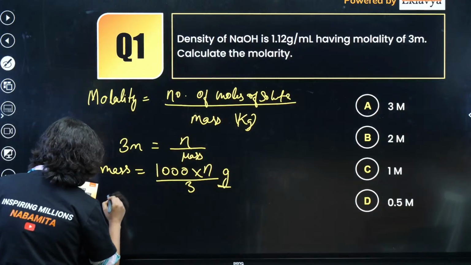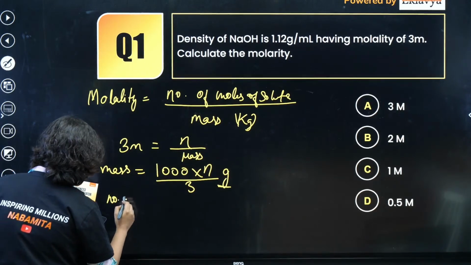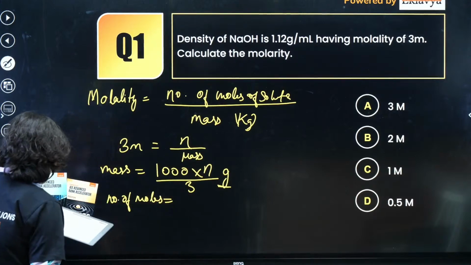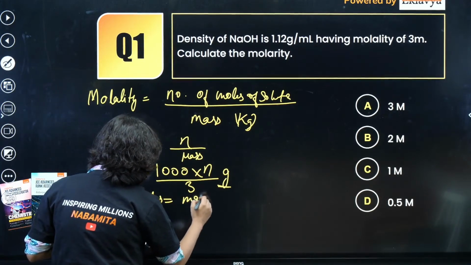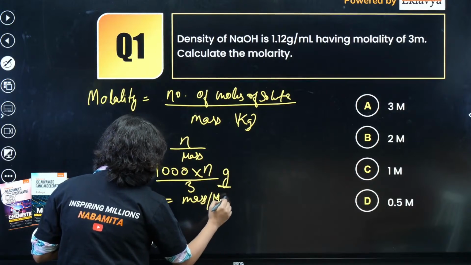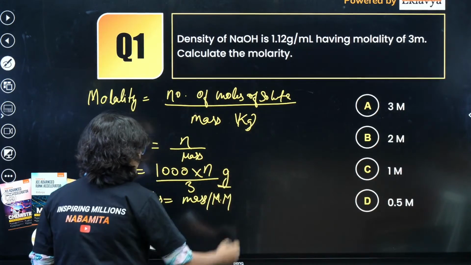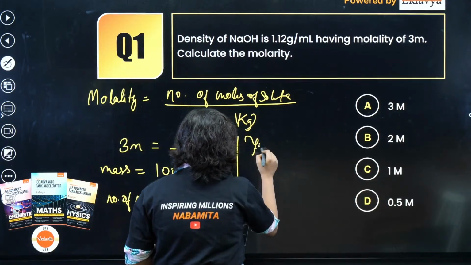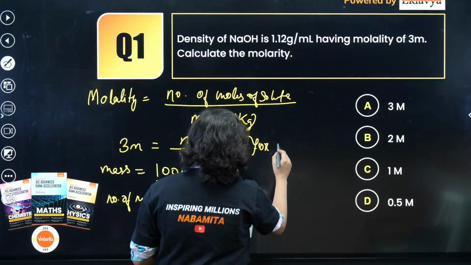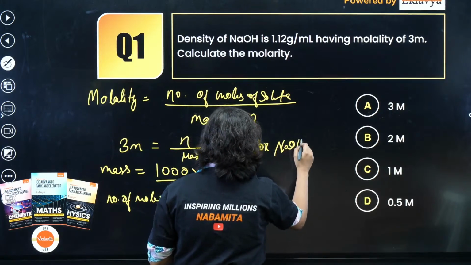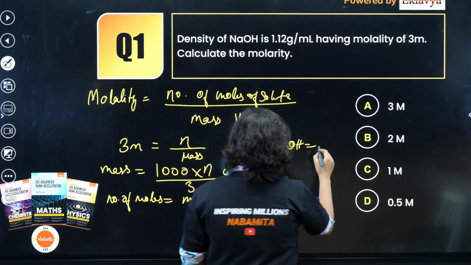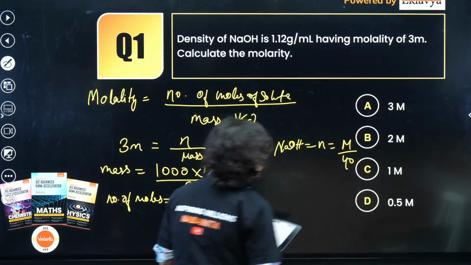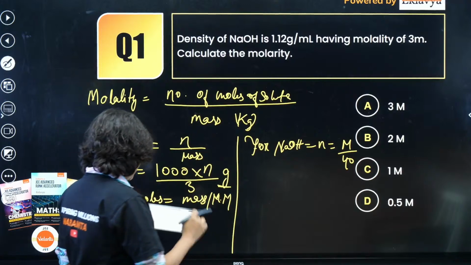Now let's move forward and take number of moles. Number of moles is equal to mass divided by molar mass. Am I right, everybody? This is something that we all know, right? Now, for sodium hydroxide, NaOH, n is equal to M divided by 40. Molar mass is 40. Very good.